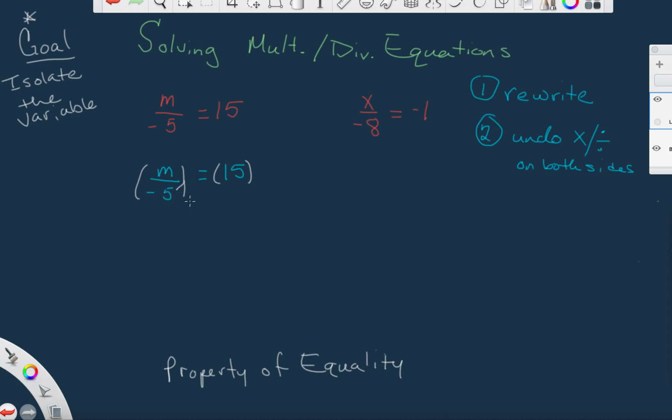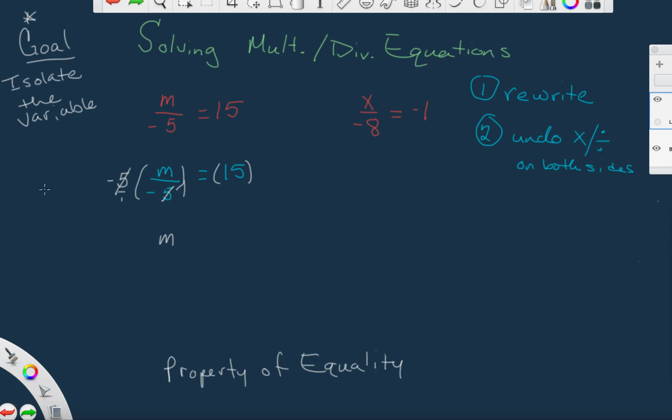So to undo that division, we're going to multiply, and we're going to use parentheses to do it. So if we multiply by -5, it's just like multiplying by -5 over 1, and these two things will cancel out. And then we'll have m. We'll just have m left over.